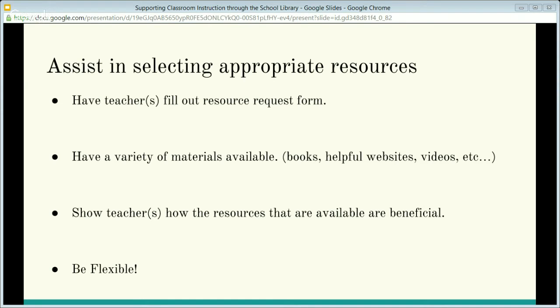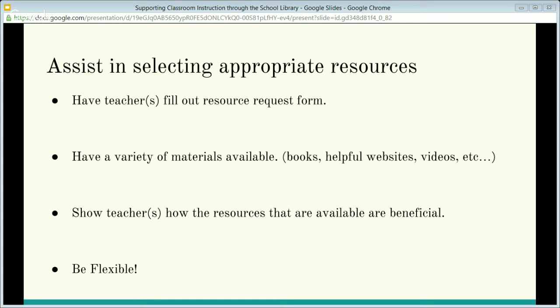So maybe there's a teacher or a grade level that is veering away from what's on the pacing guide, or delving deeper into something that's on the pacing guide, or they have a project coming up. Well, I will give my teachers a resource request form, and they're able to fill that out, answer the questions, and give it back to me.